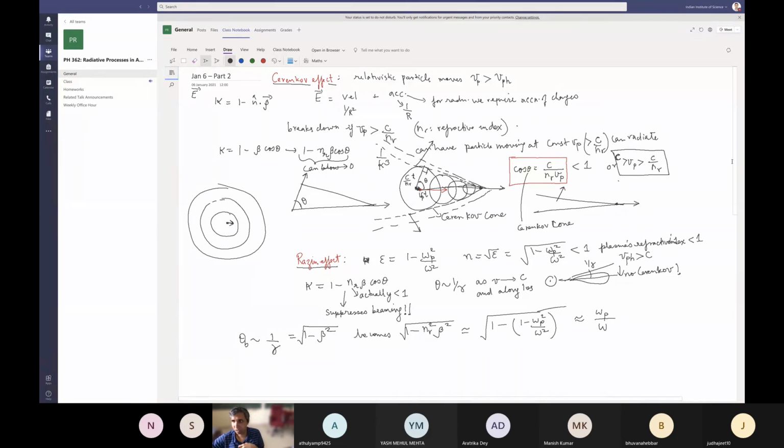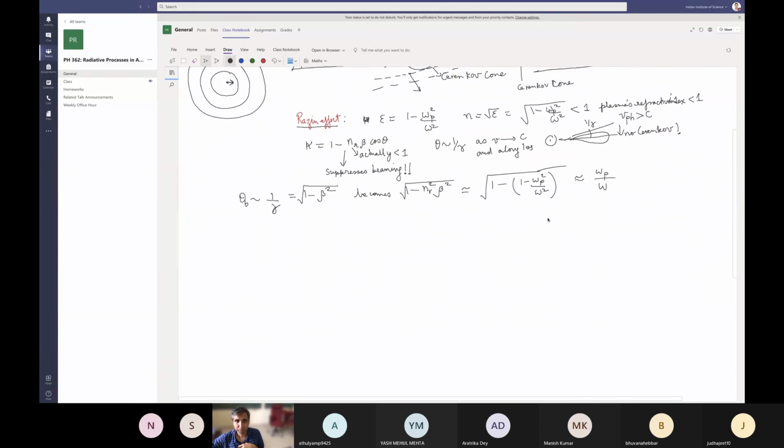So my theta, which was 1 by gamma previously, becomes this. If I plot theta, the beaming, as a function of omega_p by omega: at high frequencies the effect of the medium vanishes, so it is like 1 by gamma.